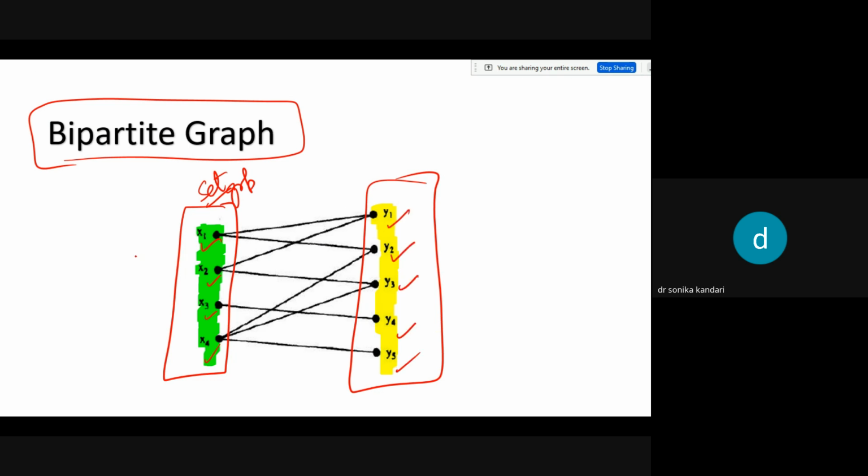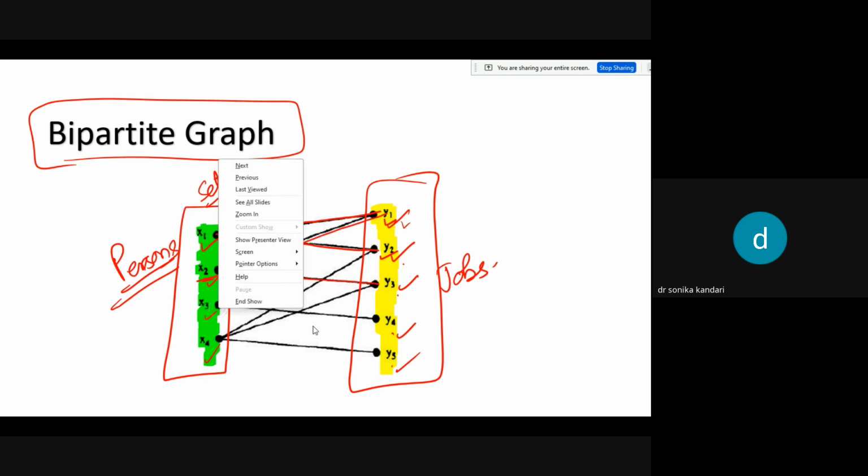For example, x1, x2, x3, x4 represent persons, and y1, y2, y3, y4, y5 represent jobs. So this diagram shows how a particular person does a particular job. Person x1 is doing jobs y1 and y2. Person x2 is doing jobs y1 and y3. x3 is a person who is doing job y4, and so on.